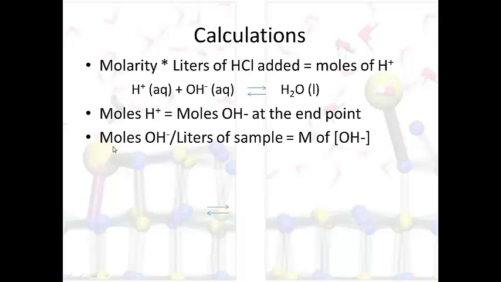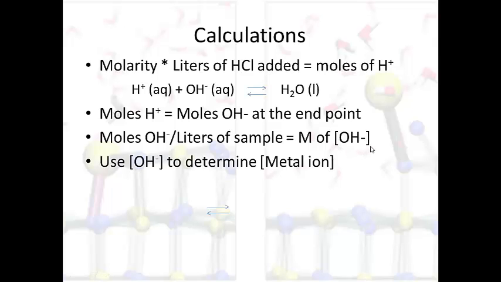If you divide your moles of hydroxide by your liters of sample, which is the amount that you pipetted from the original stock solution, so if you pipetted 1 milliliter, you turn that into liters. Now you have moles divided by liters, which gives you a molarity of hydroxide ion. This is one of the terms in your KSP equation.